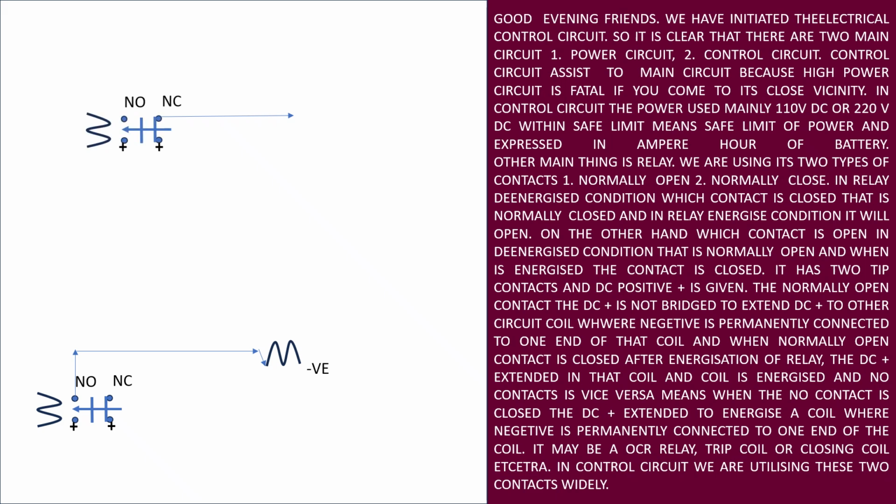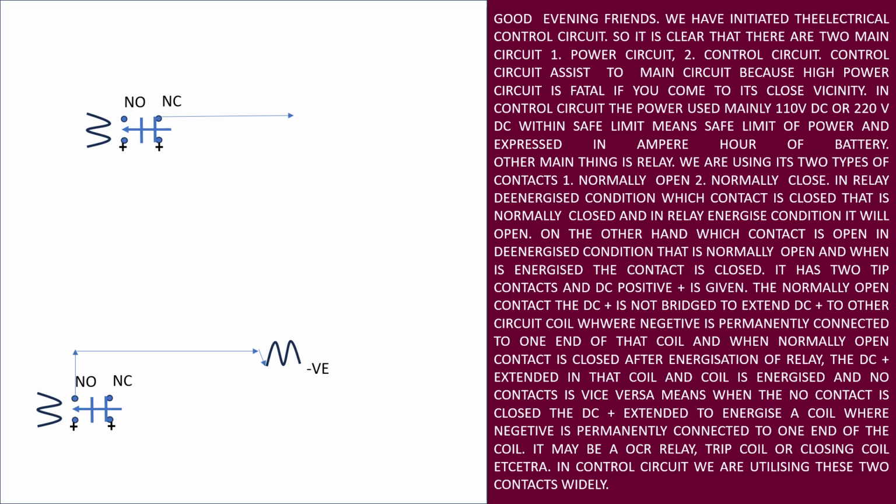In the picture, we see a relay with a normally closed contact and a normally open contact, and the relay coil is in de-energized condition. So the normally closed contact is closed and DC positive is given at one end of the normally closed contact.